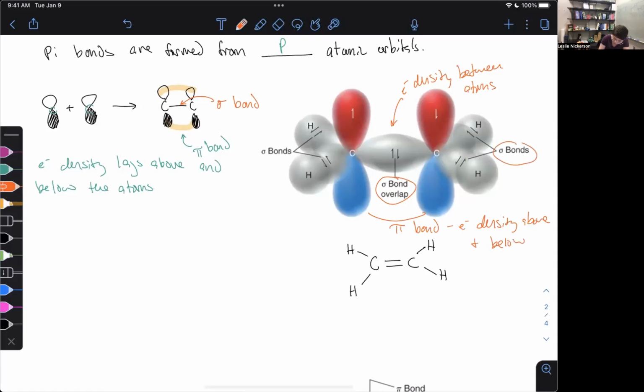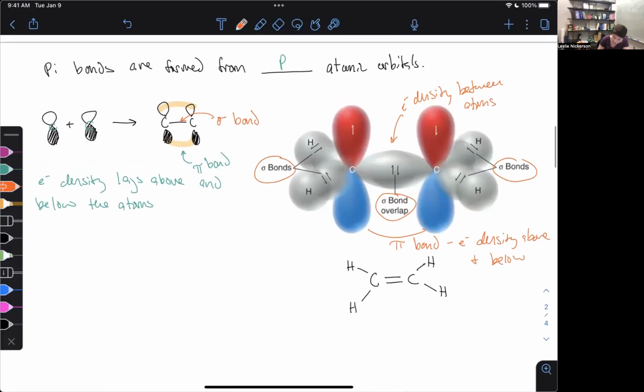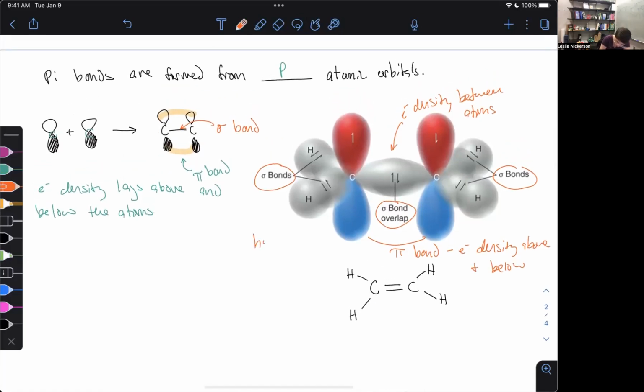And then we've got more sigma bonds for the C and the H, okay? So again, those are going to be made up of our hybridized orbitals. So in this picture, the hybridized orbitals are in gray. And then our p orbitals are red and blue.